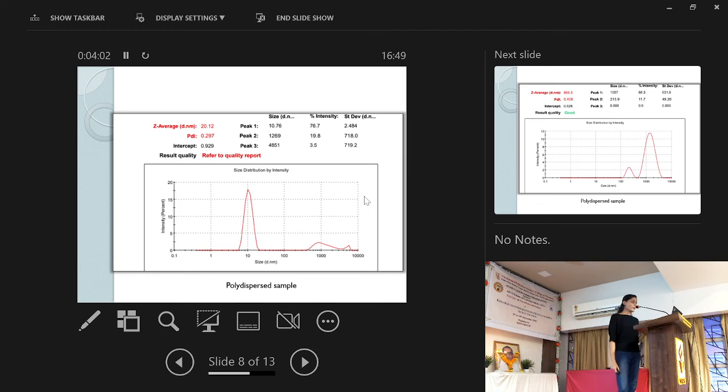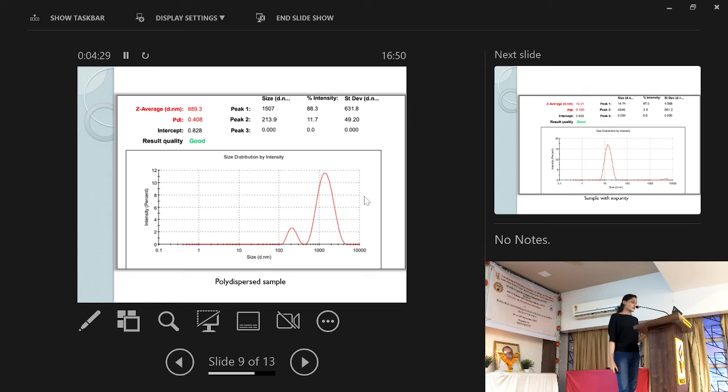If there is a problem with the sample, then we can get a peak like this at the end, a broad peak, and we can see that three peaks are shown: peak 1, peak 2 and peak 3. This indicates that the particles are not uniformly distributed, and therefore the result quality shows: refer to quality report.